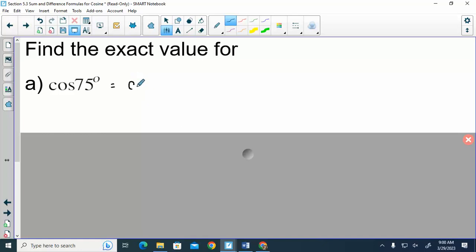What could you do? Let's see. Cosine of 45 degrees plus 30 degrees. So then we have the cosine of 2 things added together.